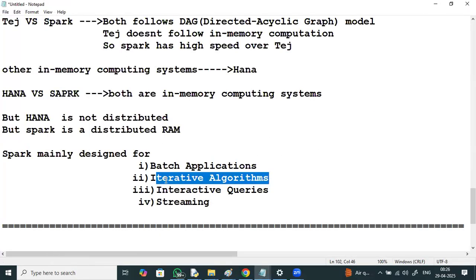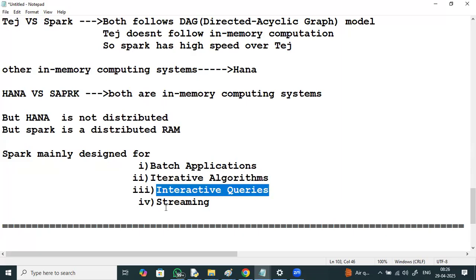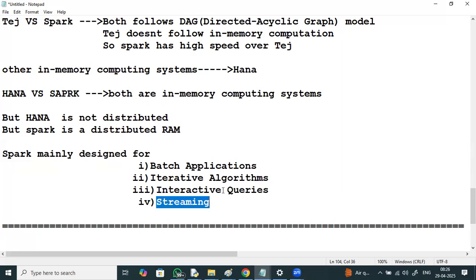Most of the algorithms are iterative algorithms, and Spark is mainly designed for those kinds of algorithms, for interactive queries like SQL queries, and for streaming data. Streaming data is data which keeps on generating, data which keeps on incrementing. Spark mainly deals with such data.